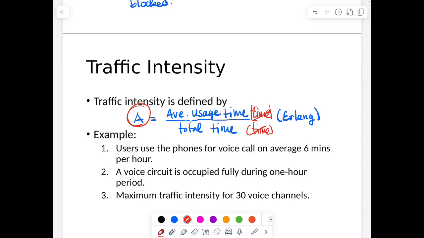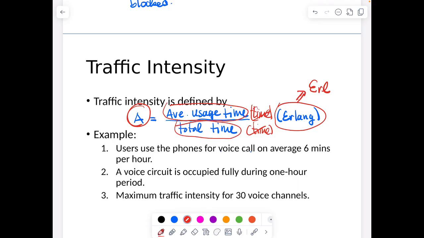The bigger the A is, the busier the network or the base station is. The unit of A is Erlang, or ERL for short. Erlang is the unit of traffic intensity, measured by the average usage time divided by total time.